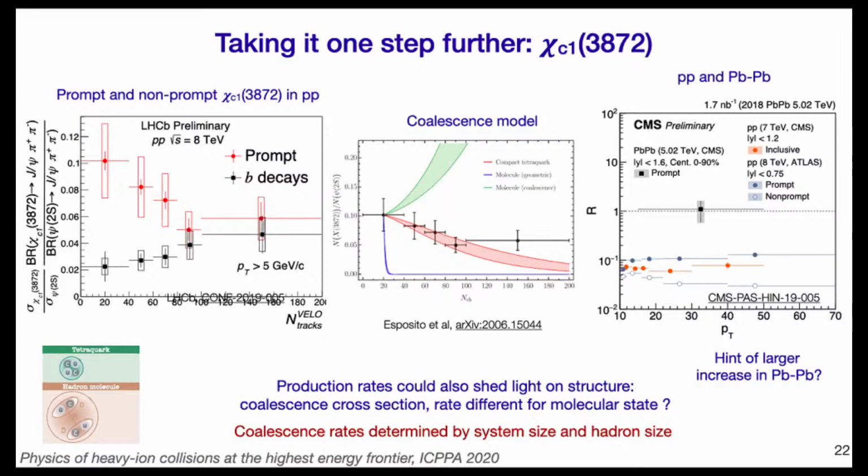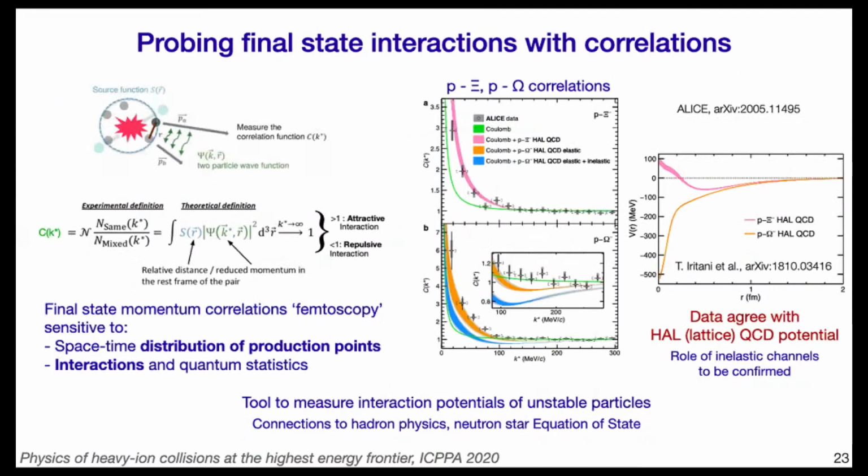Now, finally, thinking about these final state effects, we can also use heavy ion collisions, or in this case even pp collisions, as a laboratory to study interactions between hadrons. The way that is done here is with femtoscopic techniques, where you measure momentum correlations, and they again give information about spatial correlations.